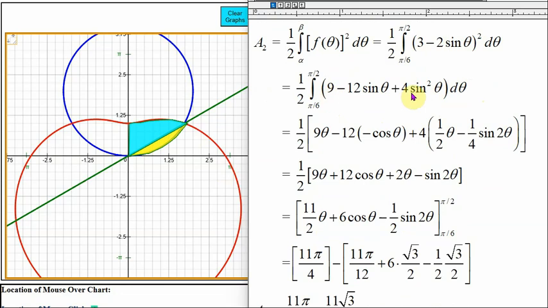And then the integral will be 9 theta, and then minus 12. And then the integral for sine of theta is negative cosine of theta. And a few moments ago we have seen that the integral for sine squared is 1/2 theta minus 1/4 sine of 2 theta.